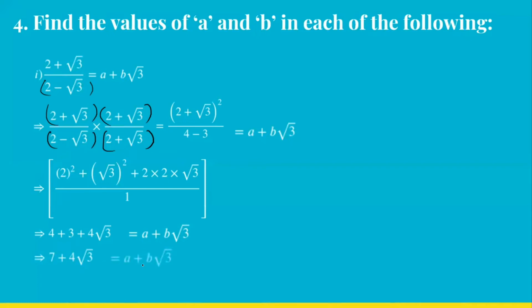Just comparing with this, you compare 7 and a. So this is how you get a is equal to 7 and b is equal to 4, by comparing both and equating the irrational parts.